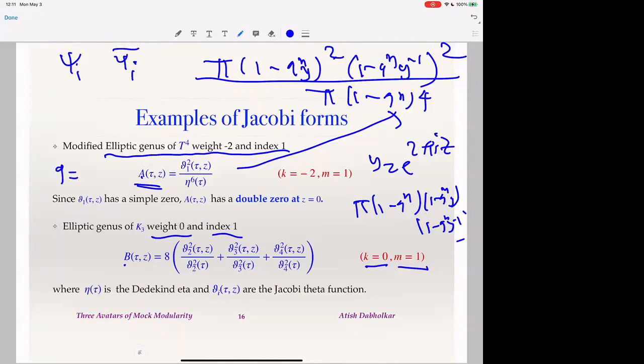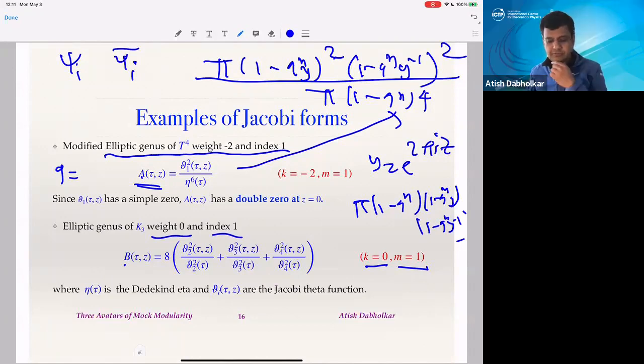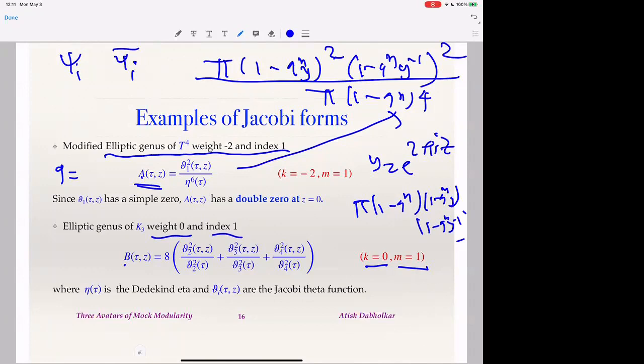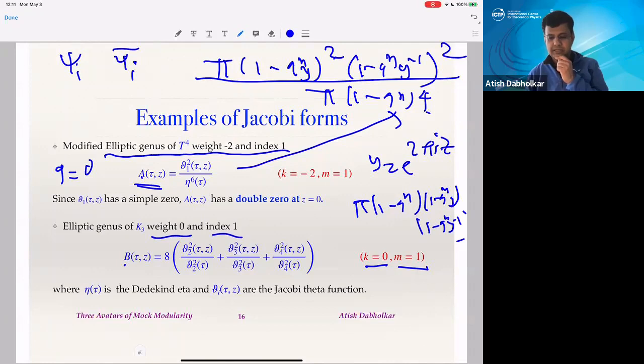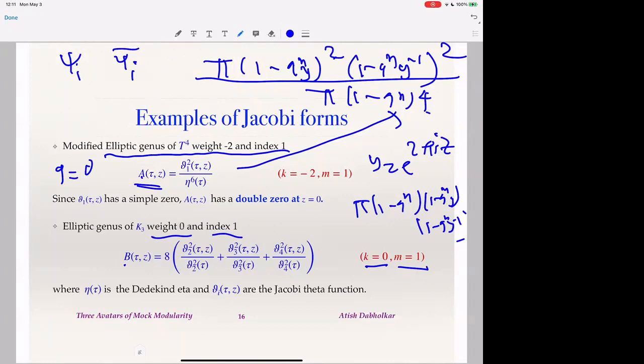But how about this infinite series of poles here? No, it doesn't have an infinite series of poles. No, only at q equal to 0. Sorry, maybe I'm mistaken, but it seems like (1 minus q to the n) to the power 4, right? That's what you wrote down here above. So what is happening there?